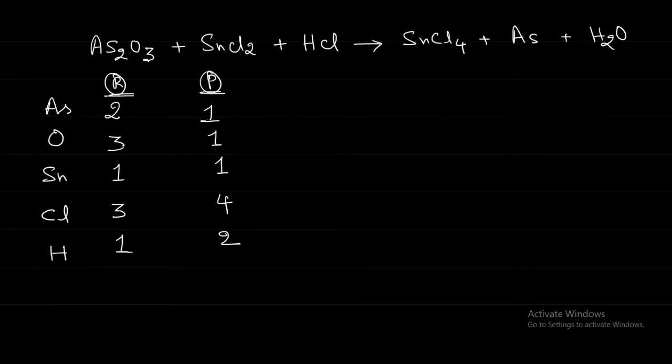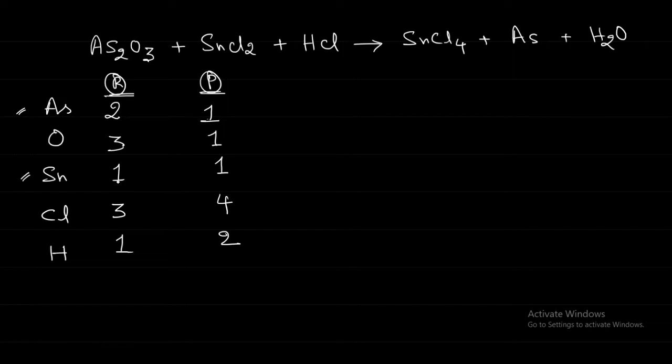Then according to our rule, first we have to balance the metals, no? What are the metals here? Tin and arsenic, Sn is the tin. The names of these elements you have to memorize, so please practice periodic table names. Arsenic and tin both are metals.